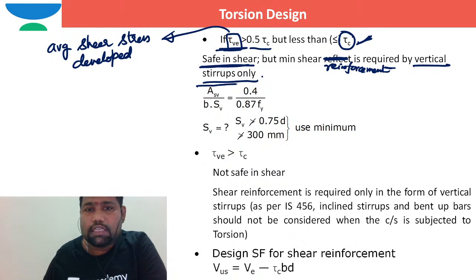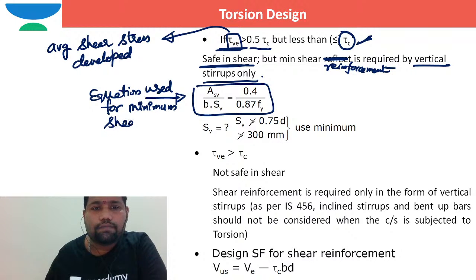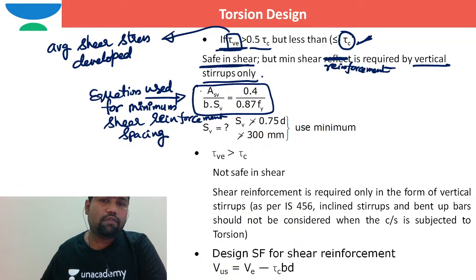This is the equation used for minimum shear reinforcement spacing. So from this equation we can work out the spacing.